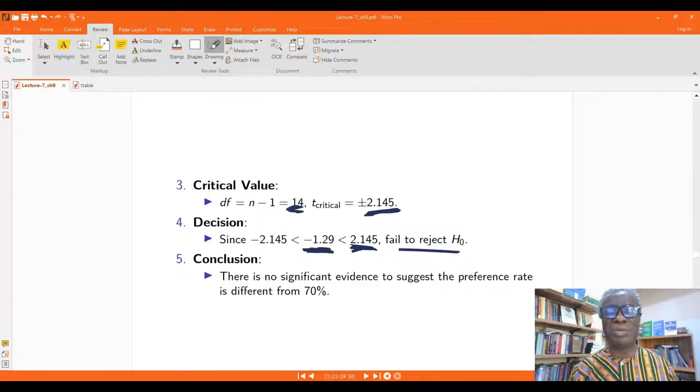Which means the 70% claimed by the company for now cannot be rejected, because the data we have taken does not support the rejection of that claim.